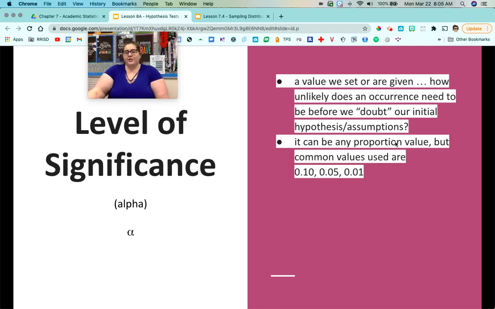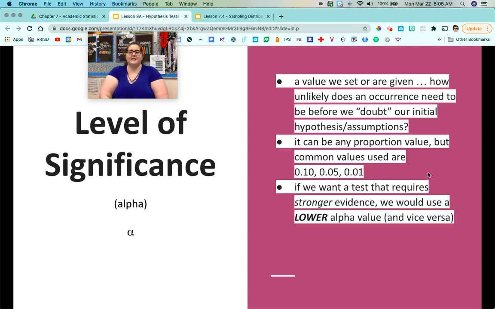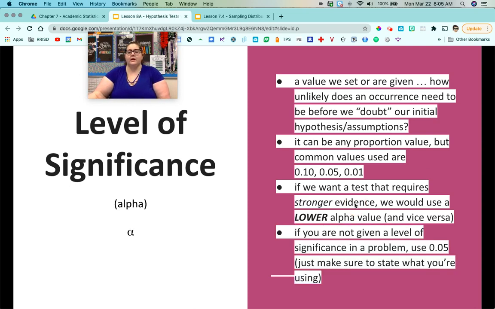So it can be any proportion value, but the most common values we see used are 0.10 for 10%, 0.05 or 0.01. If we want a test that requires a stronger amount of evidence, if we want to be really, really sure that a change occurred, we would use a lower alpha value because that would mean a probability would have to be even smaller for us to doubt our initial assumptions.